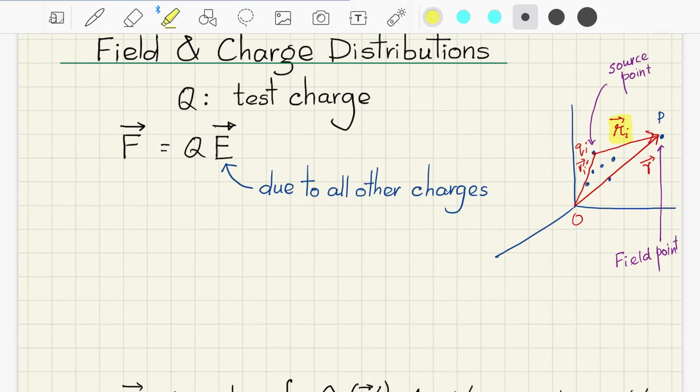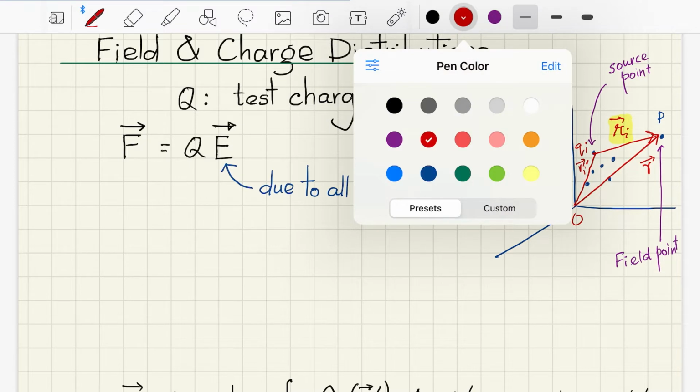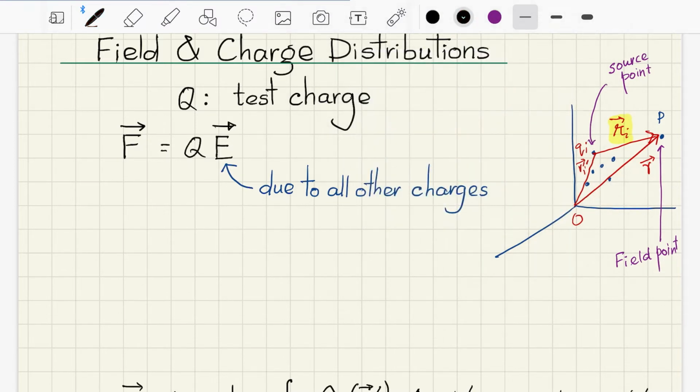Instead you just represent that, meaning what is really the curly R in this. So curly R is the R vector for the field point minus Ri prime, the source point.